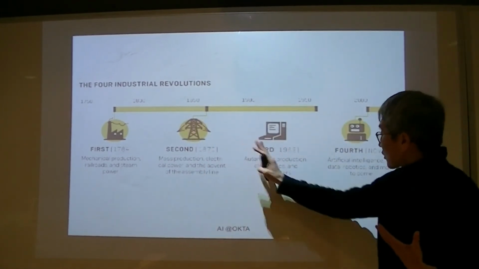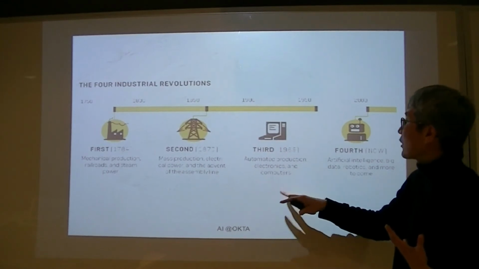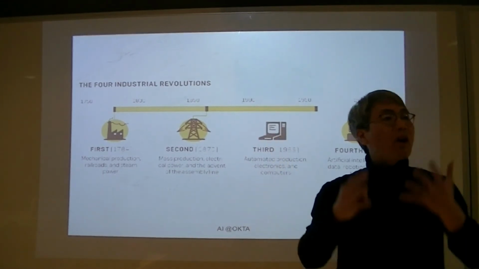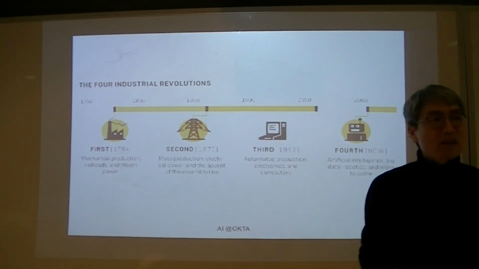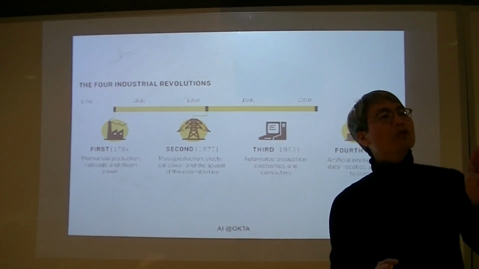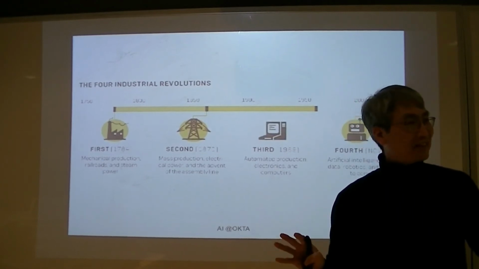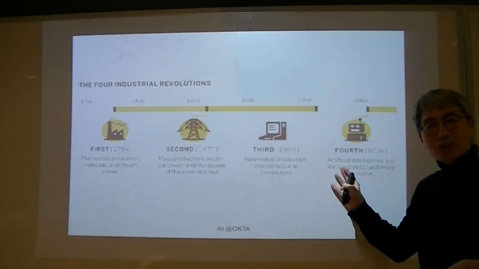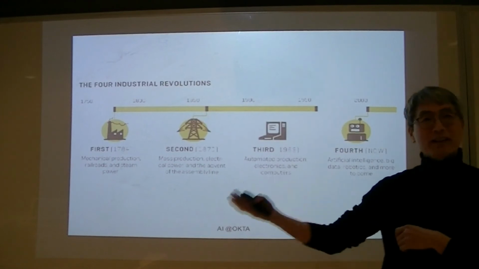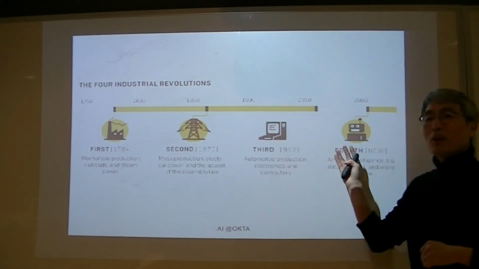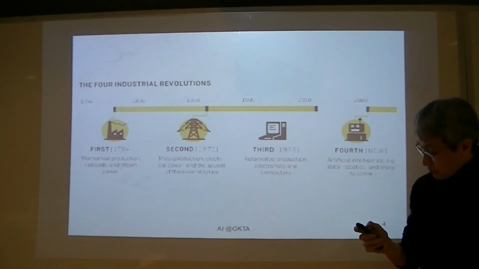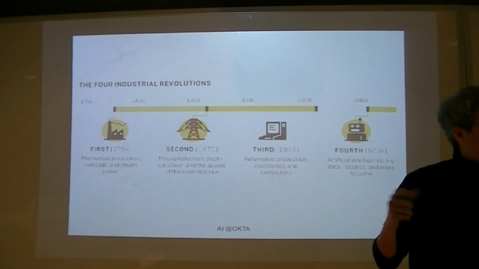Then the third industrial revolution, with electronic devices and appliances, changed the source of money. Nowadays, the source of money has moved to data. That is the reason we are studying data mining and artificial intelligence, and people are crazy about deep learning and so on.